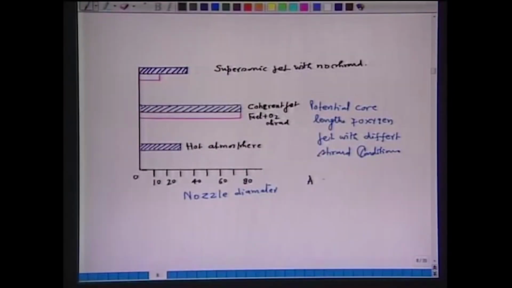Now, some of the advantages of cojet is that a coherent jet or a cojet is longer than a supersonic jet, because its ambient is a flame.